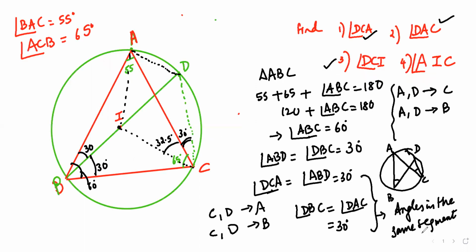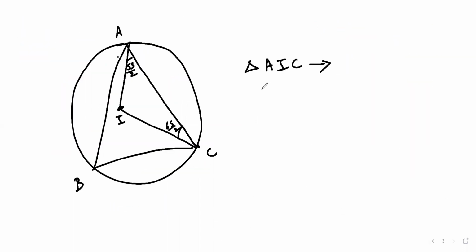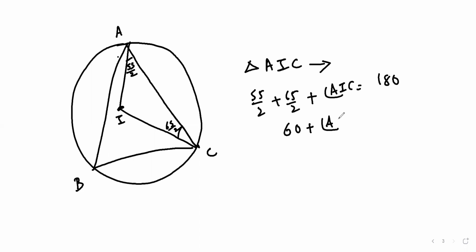So 55 by 2 plus 65 by 2 plus angle AIC is equal to 180. So 55 plus 65 is 120, by 2, that is 60, isn't it? 60 plus angle AIC is 180. Angle AIC will be 180 minus 60, which is 120 degrees.